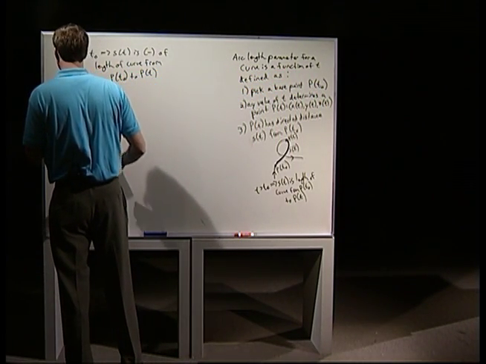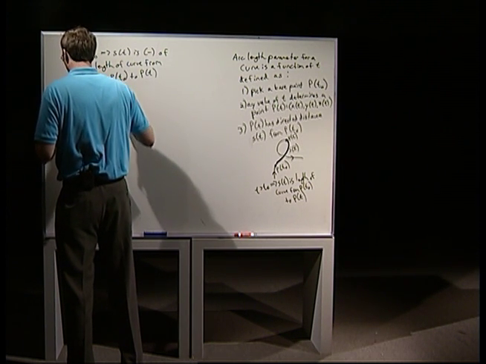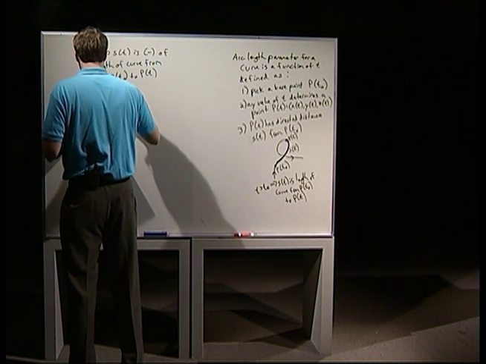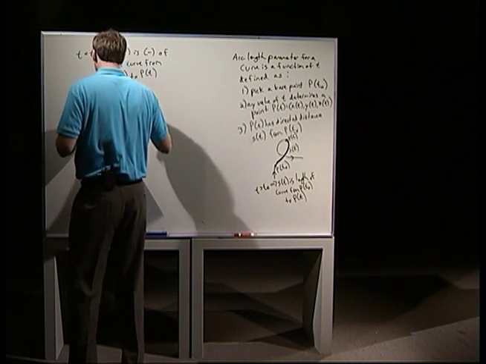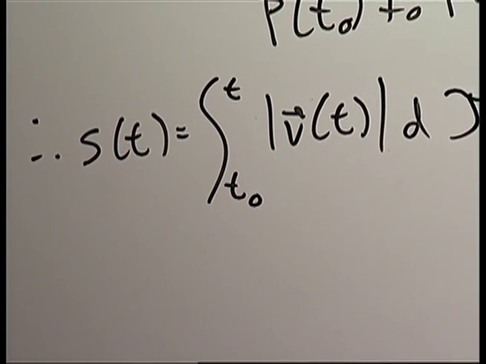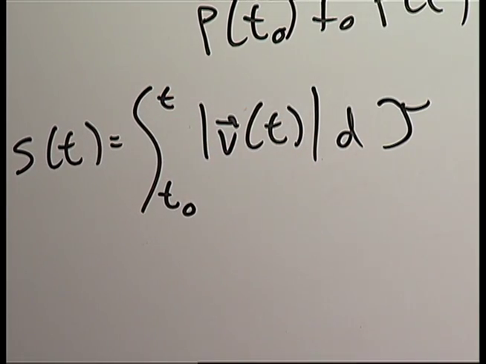So what is this telling us? Arc length s of t is then this integral. In other words, it's the integral from t0 to t, and if this is less than that, we have to put a negative in front of this length term. And I'm using tau here.